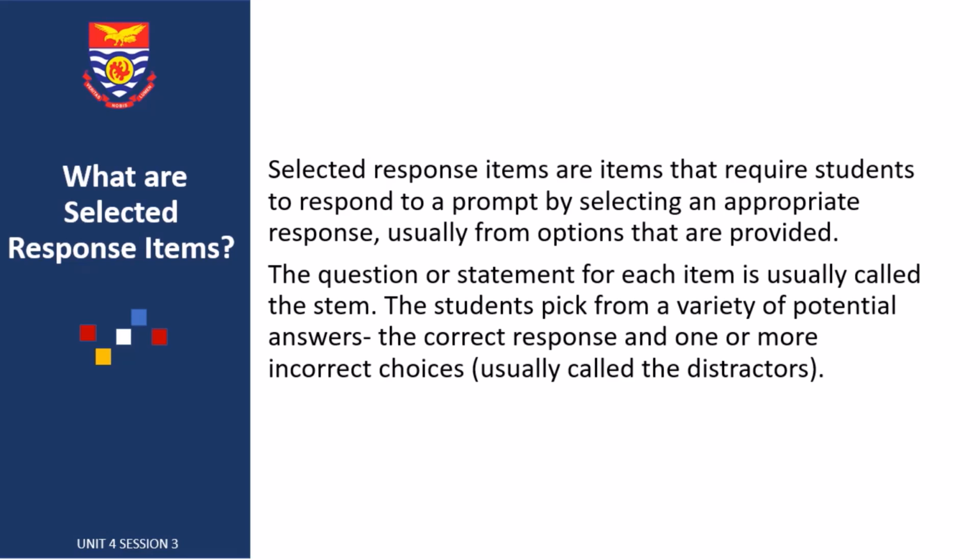Selected response items, normally called objective assessment items, are very efficient once the items are created. You can assess and score a great deal of content rather quickly. So that is the selected response item. You can refer to it as the objective test.